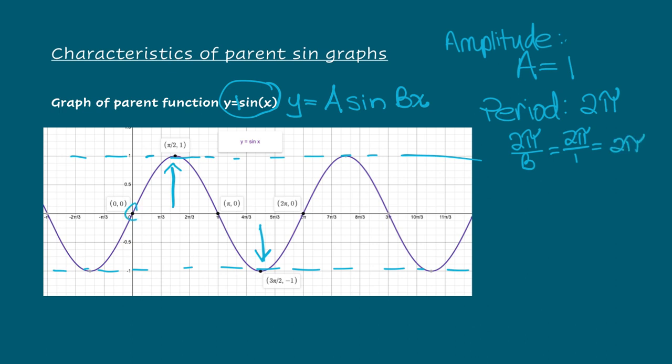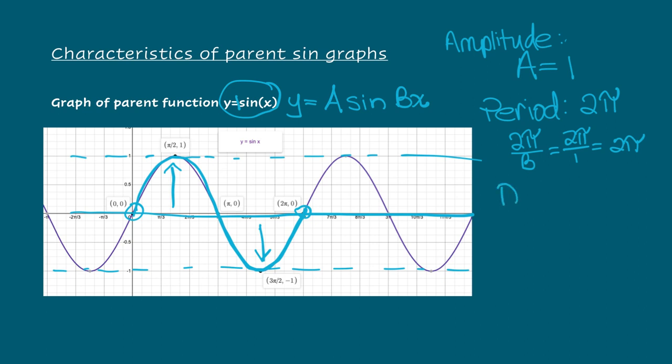And I repeat right here from 0 to 2 pi. There's no stretching, no shrinking. I start and end at 2 pi. So I go up, I come back down, and start over again between 0 and 2 pi. Just one cycle between 0 and 2 pi. My midline is right here on 0.